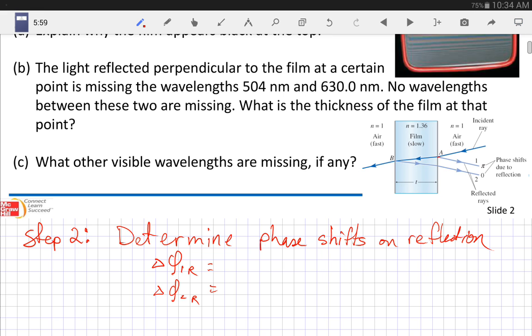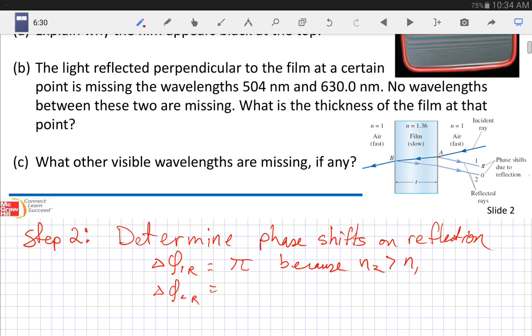Sean said that the phase shift has to do with if it's a faster or slower medium. So we look up there, if it's going from n equals 1 to n equals 1.36, is that faster or slower? So if it's going to a slower medium, then you have a phase shift. So pi, because n2 is greater than n1. That means it's going slower on the thing it's reflecting off of.